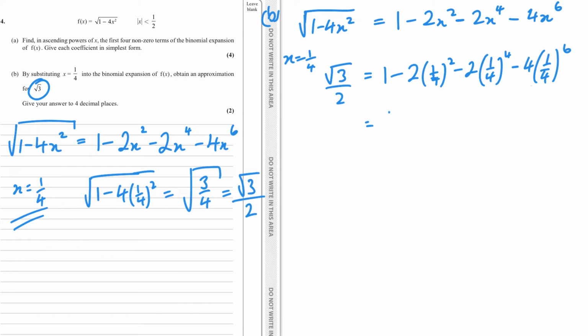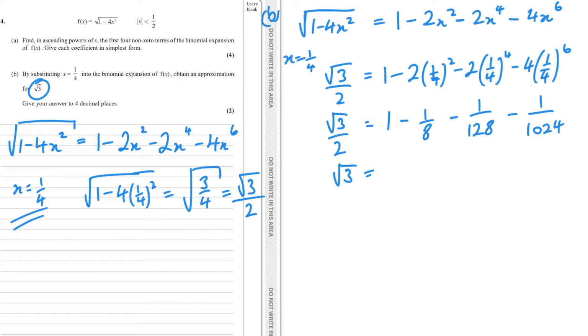So that is 1 minus 1/8 minus 1 over 128 minus 1 over 1024. And that is of course root 3 over 2.